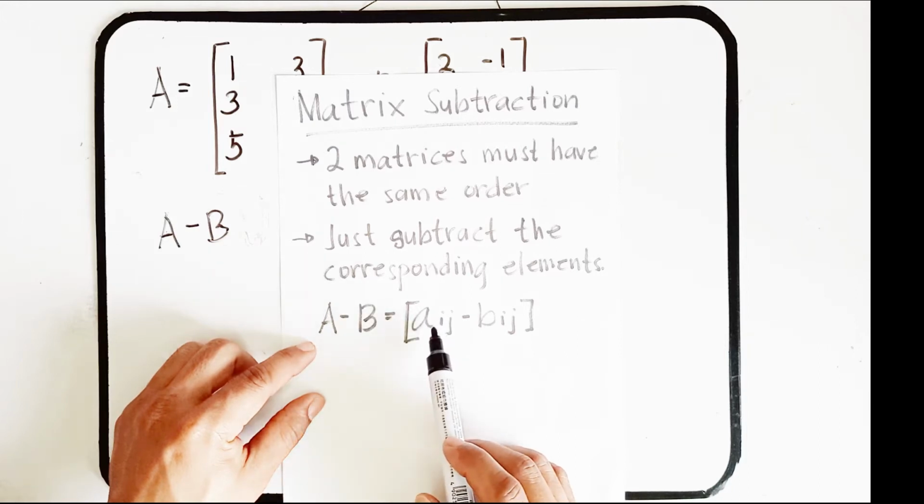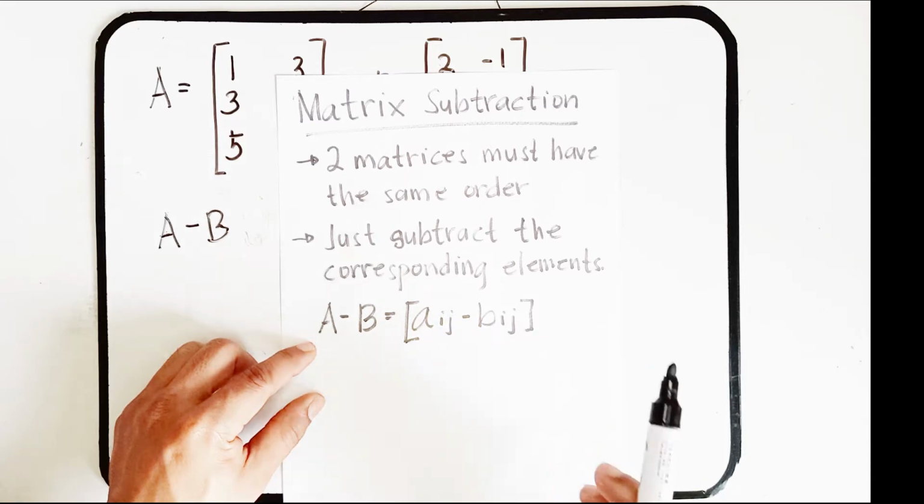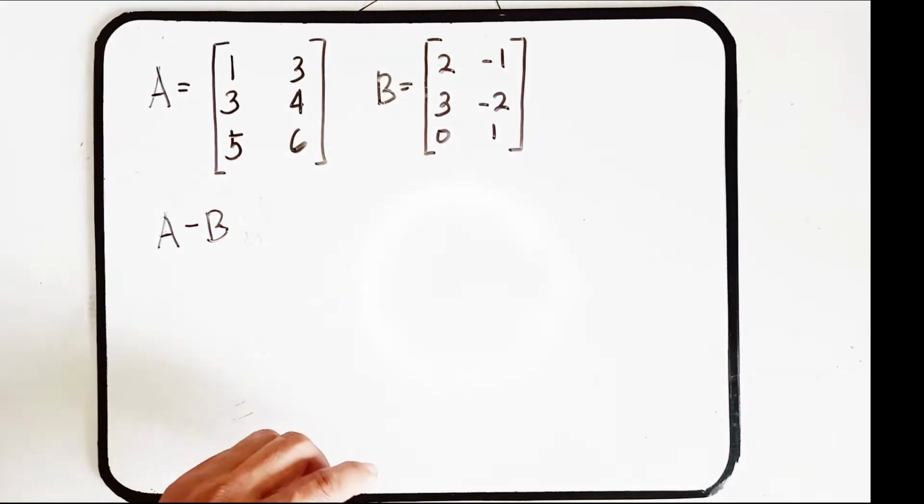So the way to do it is just for the first element, you have to subtract it the same element on your matrix B.